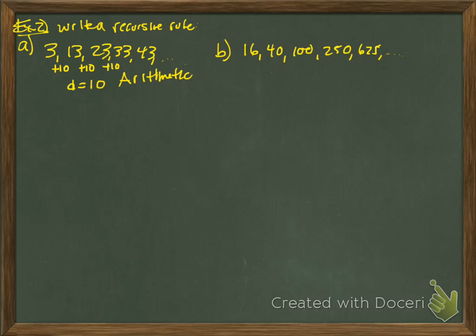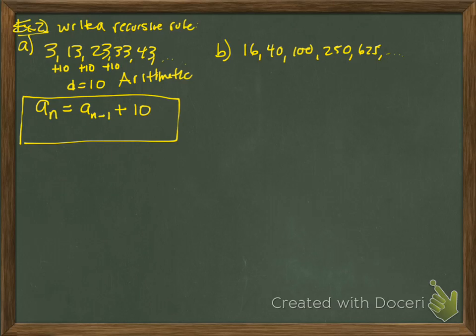So I think that rule is just going to be a sub n equals a sub n minus 1 plus whatever that common difference is, 10. Now the only thing you want to also do here, guys, is you have to let the user of the recursive rule know, where do I start? What's my first term? So you can say, all right, a sub 1 equals 3.